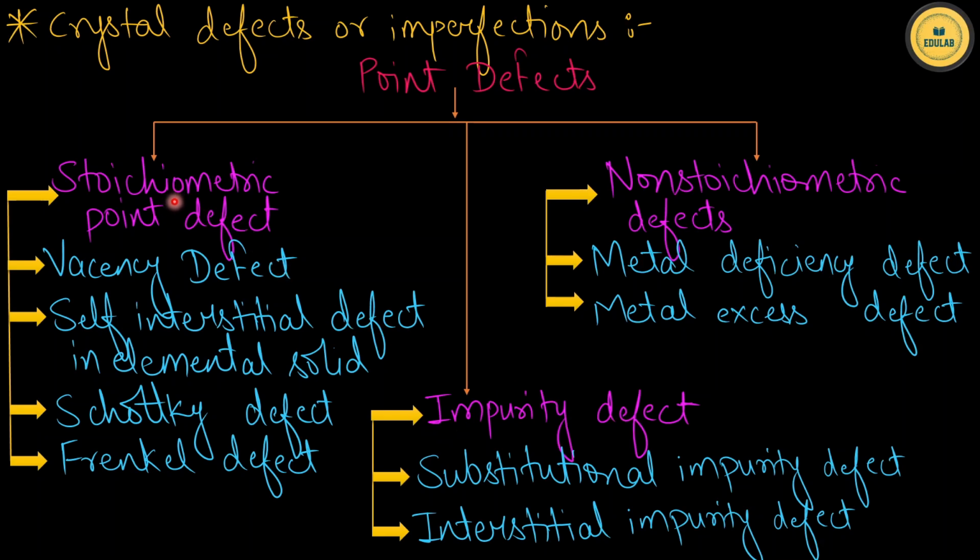In stoichiometric point defect, first one is vacancy defect, second one is self-interstitial defect in elemental solid, third one is Schottky defect, and fourth one is Frenkel defect. In impurity defect, first one is substitutional impurity defect, and second one is interstitial impurity defect. And in non-stoichiometric defect, first one is metal deficiency defect and second one is metal excess defect.